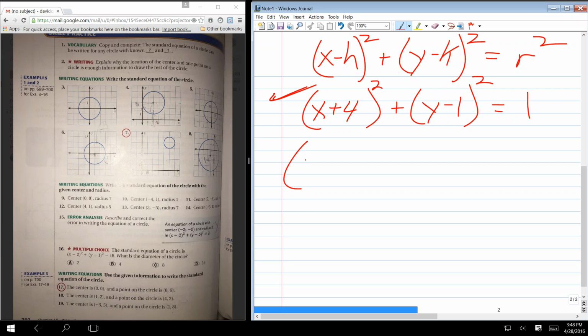Okay. 3, so x minus 3 squared plus y minus a negative 5, so plus 5 squared equals, what is it? 49. Okay.